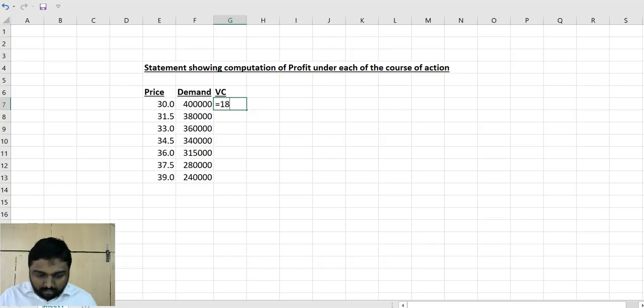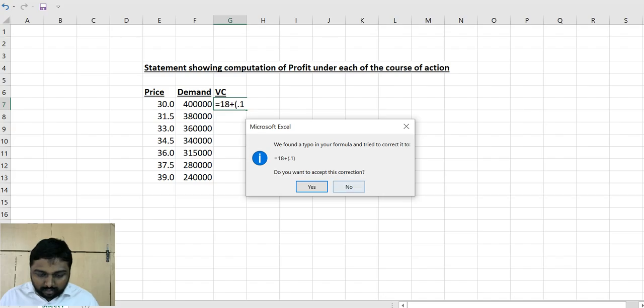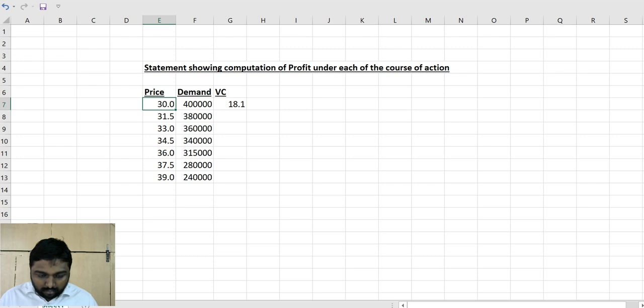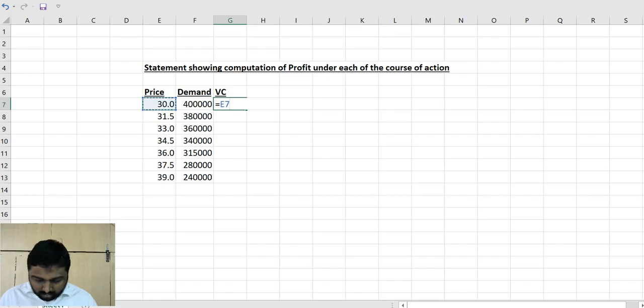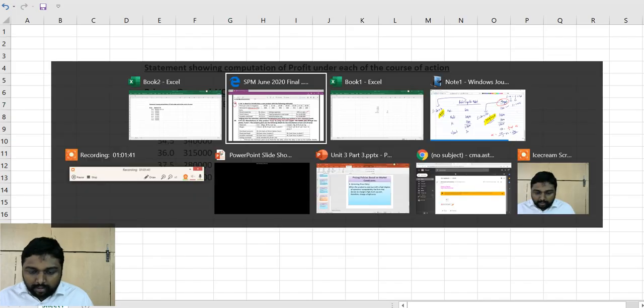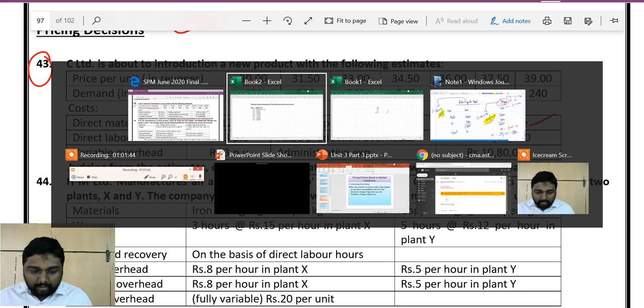So 18 plus 10 percentage of selling price. Is that correct? 10 percentage plus 18.